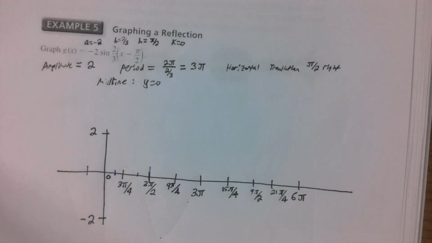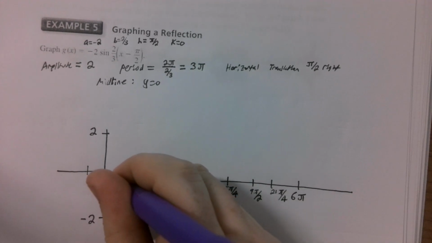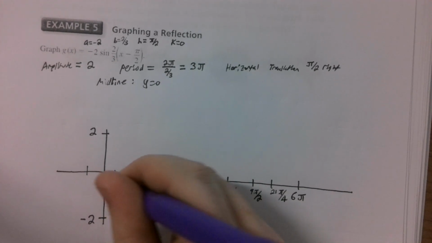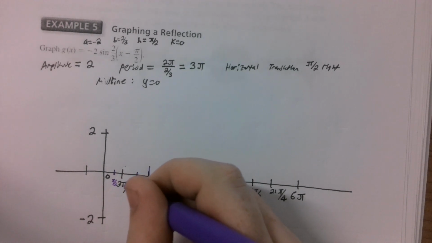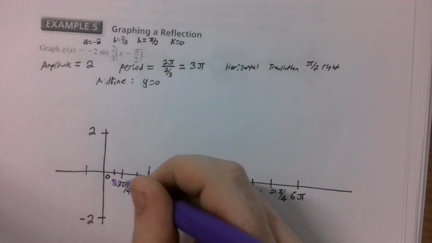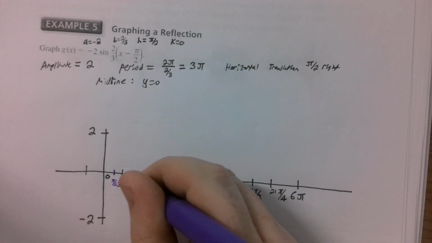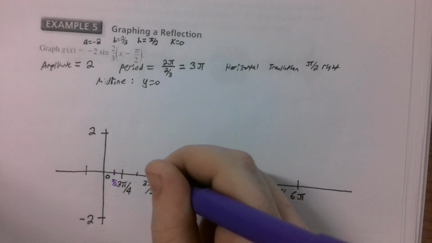So we can actually subdivide our period even further. If we subdivided it, this would be 1 pi over 2. This would be 3 pi over 4. This would be 3 pi over 2 here.